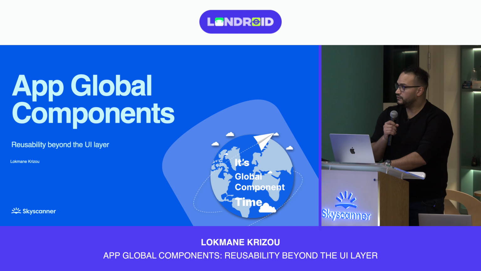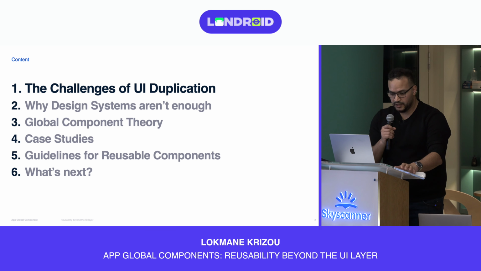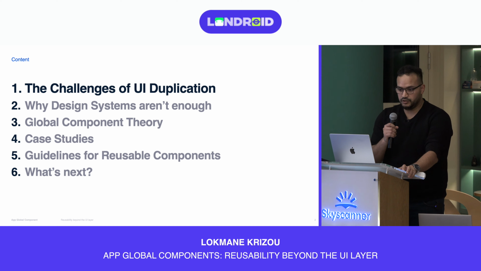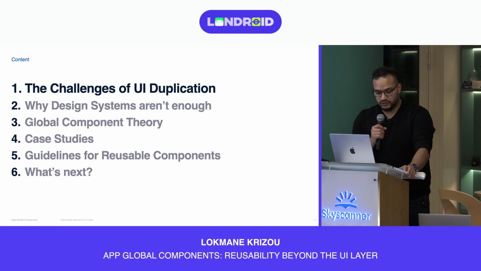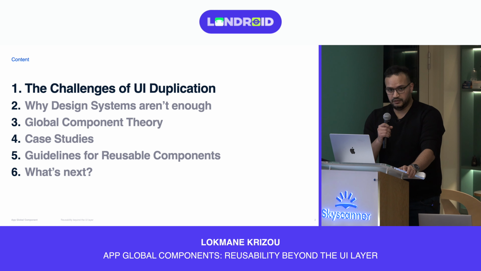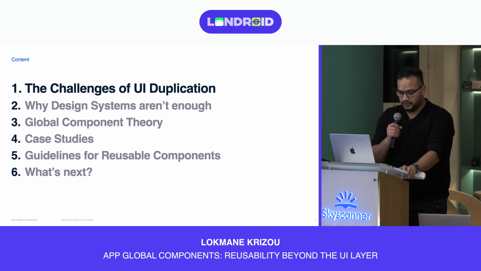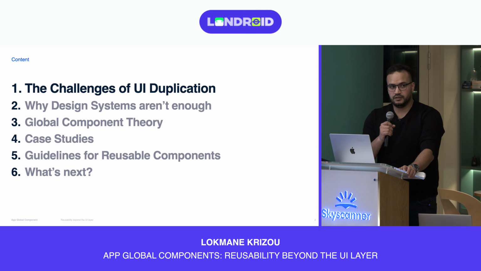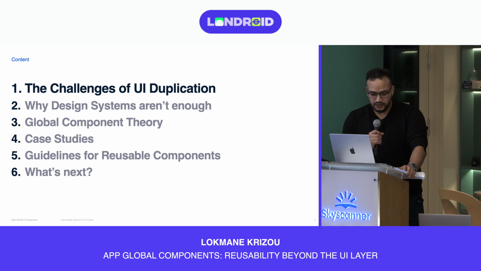So without further ado, let's jump to our agenda. We will begin with discussing the challenges of UI duplication and how we can prevent that. And then we will see why design systems are not enough for some cases. After that, we will discuss the global component theory and see some case studies that we had at Skyscanner.